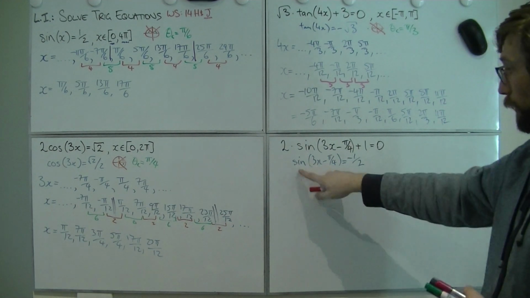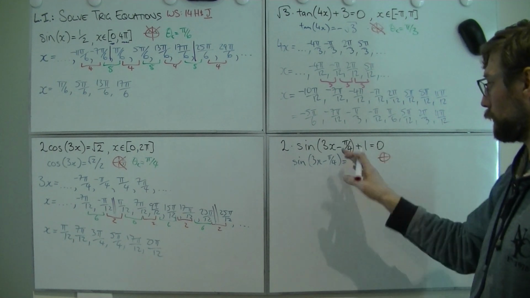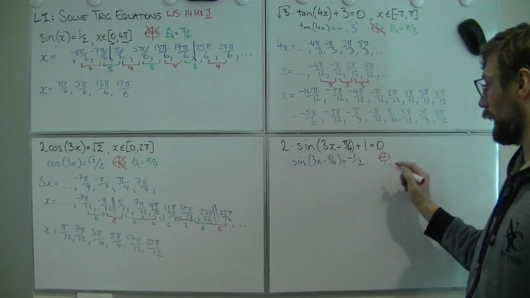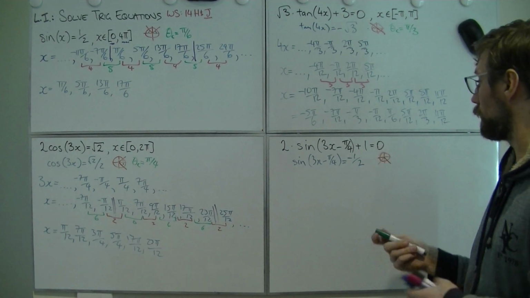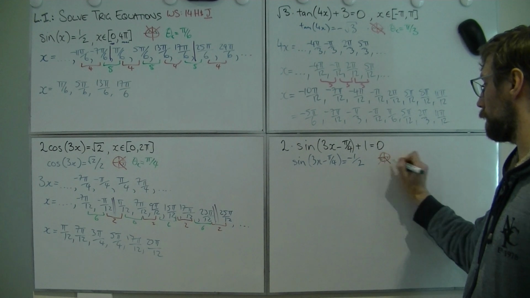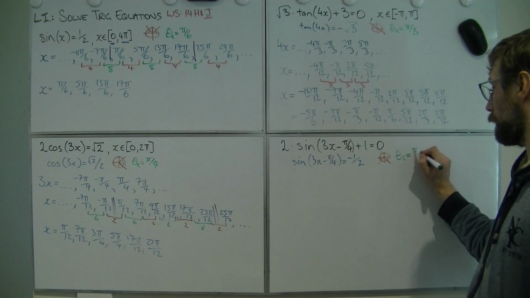Great. We've got a trig function, so now we've got to draw the unit circle because we can't move anything else. Sine is negative, ASTC. Cool, critical angle. When does sine equal a half? That'd be pi on 6.